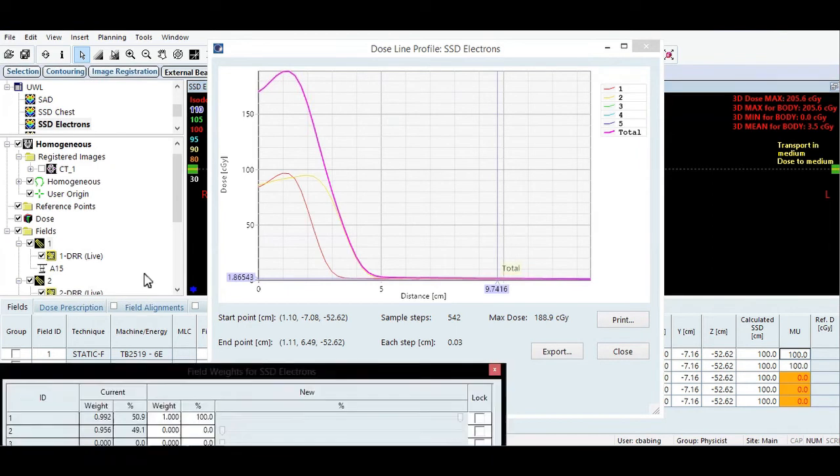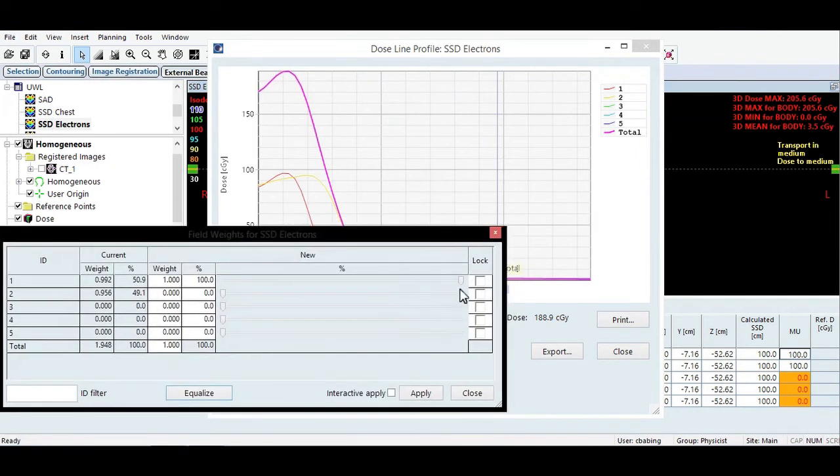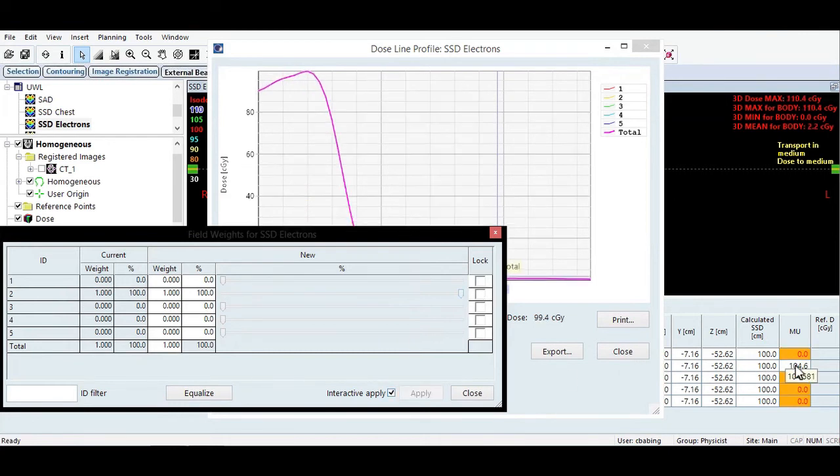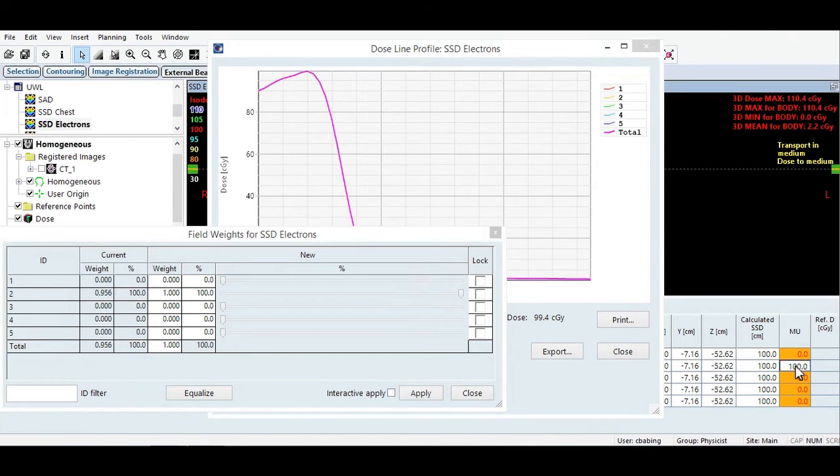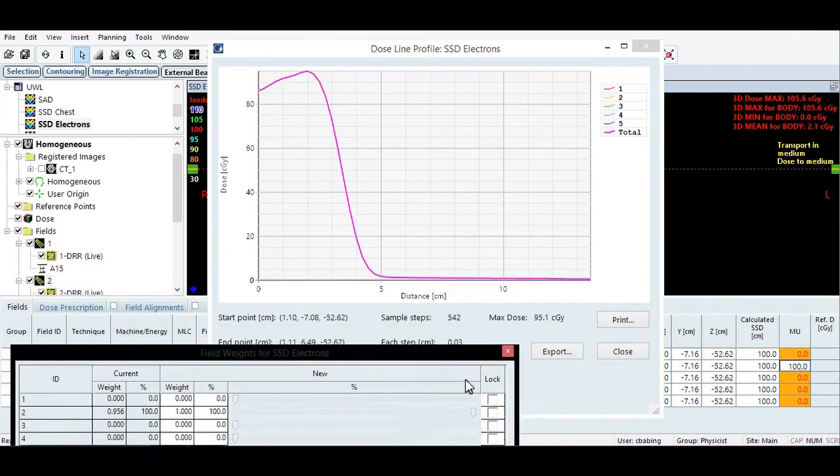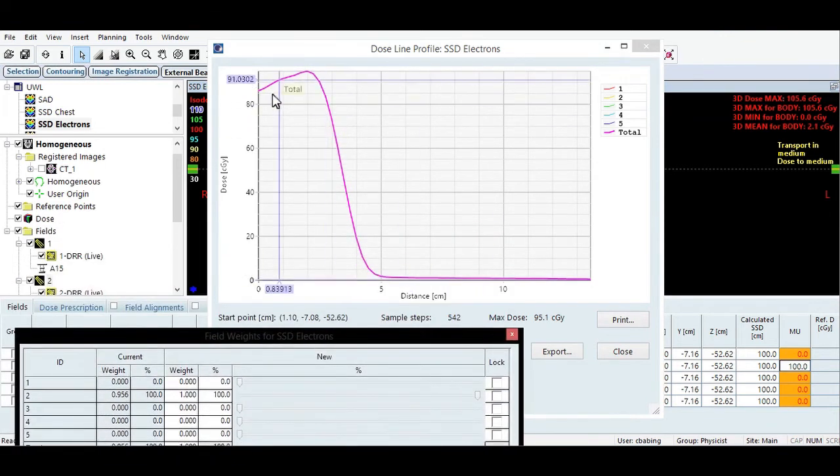If I zero out 6E, so let's put the field weight at 0. You notice what ends up happening, my skin dose goes up. So right now I'm about 85%. I have Dmax right around 2.